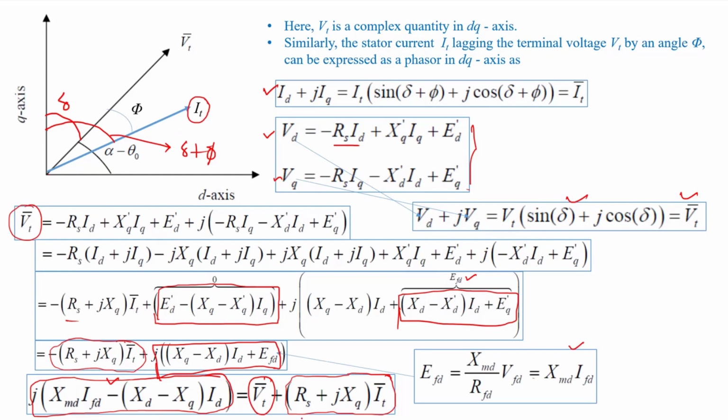Now if we see the nature of the internal voltage behind the reactance Xq, it is in imaginary form, lying in the q axis, because it is j times this. It is a complex quantity having only an imaginary term, which means it is lying in the q axis.